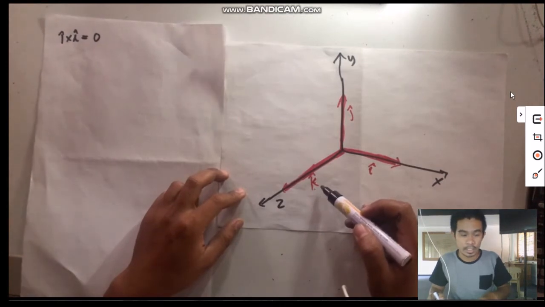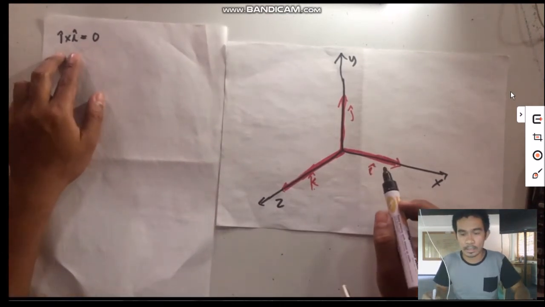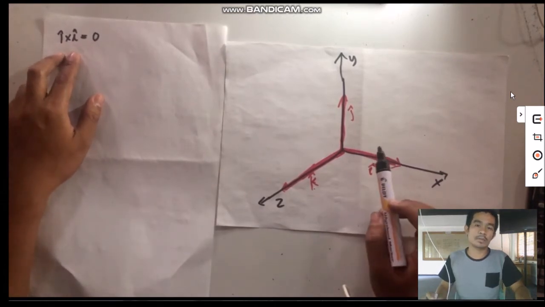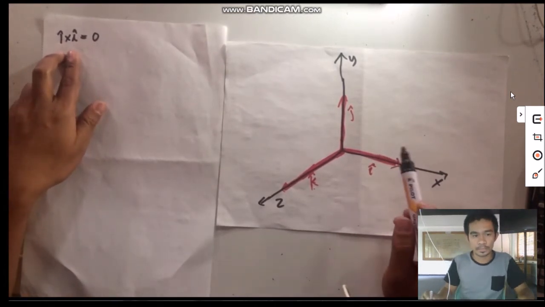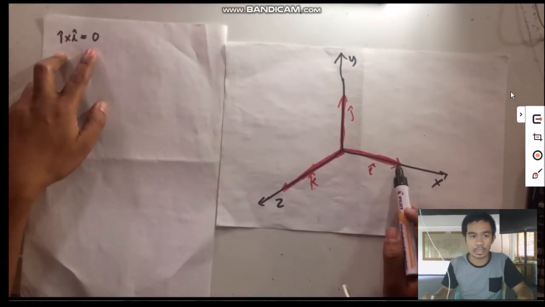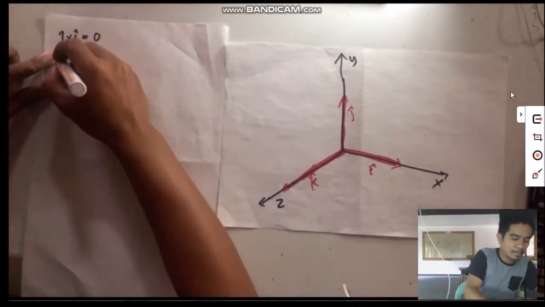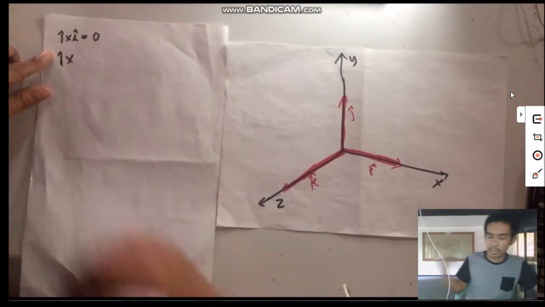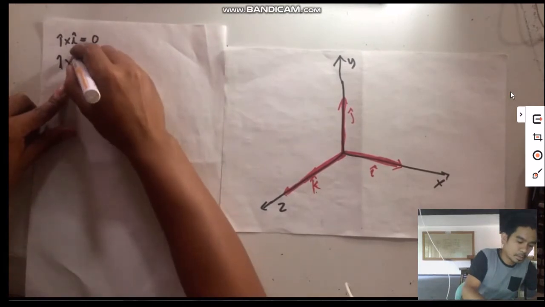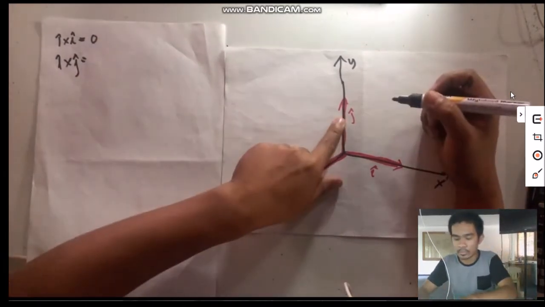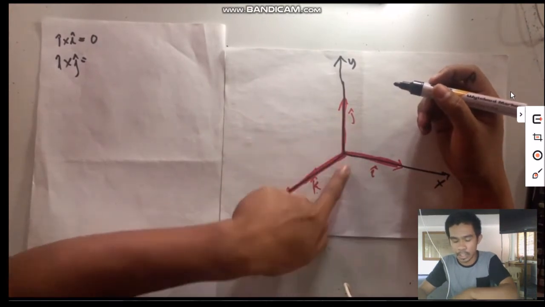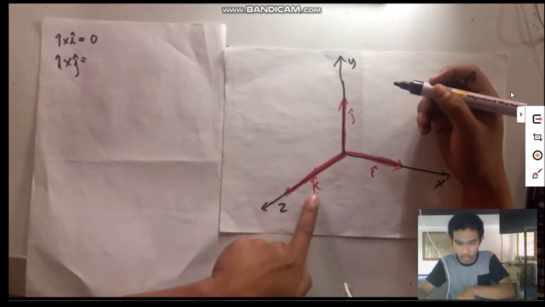Alright? And we know that the cross product of two parallel and anti-parallel vectors is 0. So i hat cross i hat equals 0. And then i hat cross j hat? What unit vector is perpendicular to both i and j? That is unit vector k.